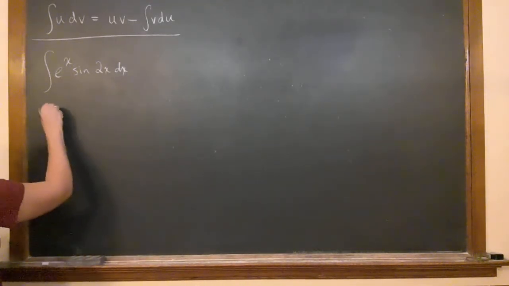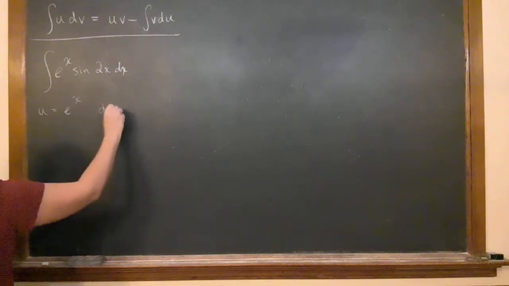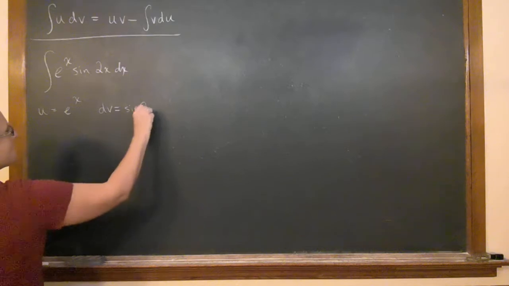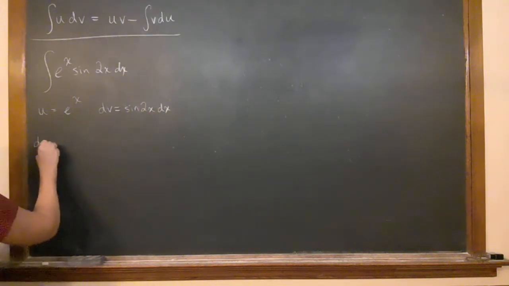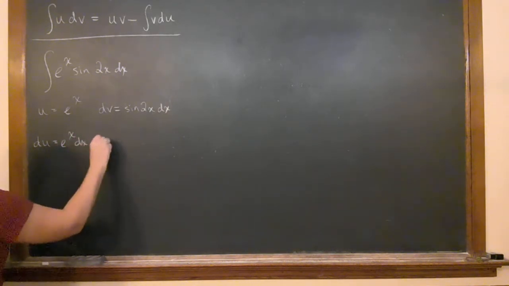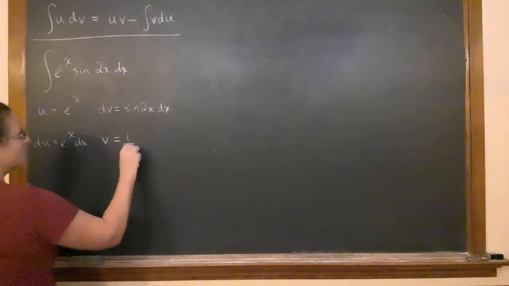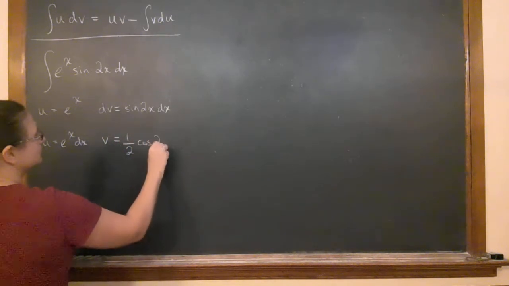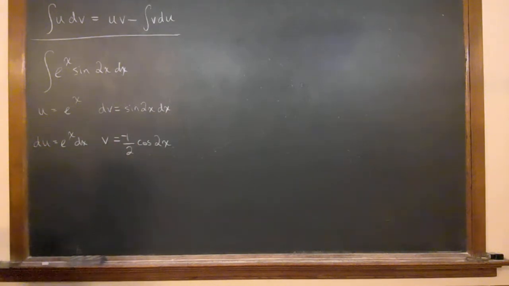I'm going to let u be my e to the x and dv be my sine of 2x. So du is e to the x dx, and v I integrate, so I'm going to have 1/2 cosine of 2x. Wait, the derivative of cosine is negative sine, so I have to put a minus.